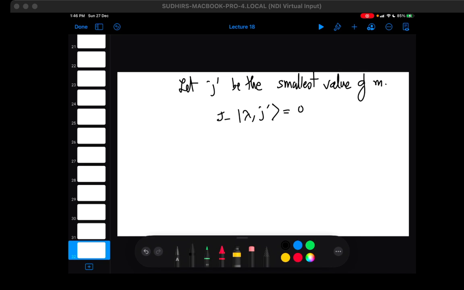Then we obtain, using the same analysis, J minus J plus and everything, that λ is equal to j prime into j prime minus 1, where j prime is the lowest value of m, that means of Jz.